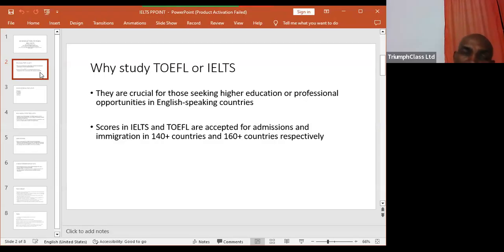If we have that aspiration of shifting or living in another country, you may find you are subjected to doing TOEFL or IELTS as long as that country is an English-speaking country. And the other reason is that, of course, everyone would want to be multilingual.